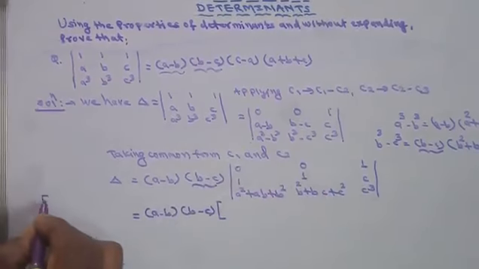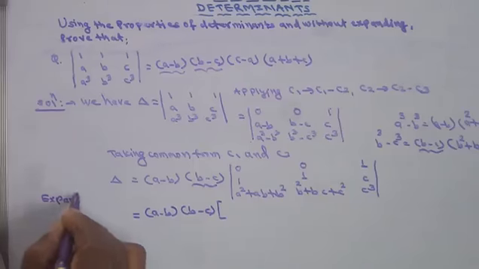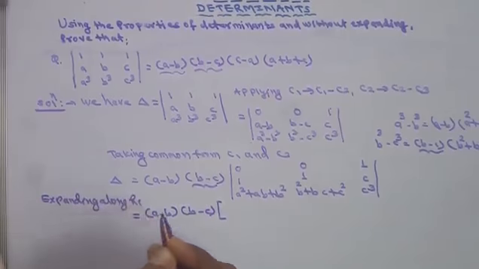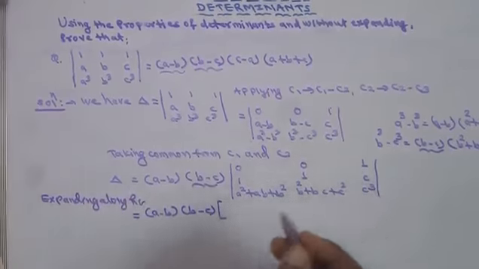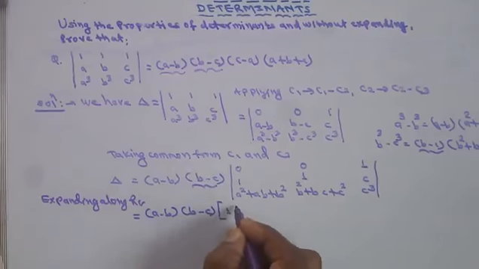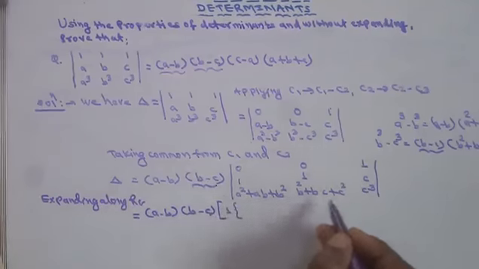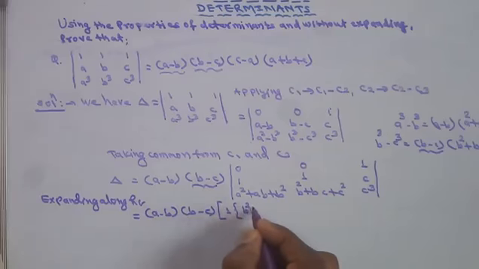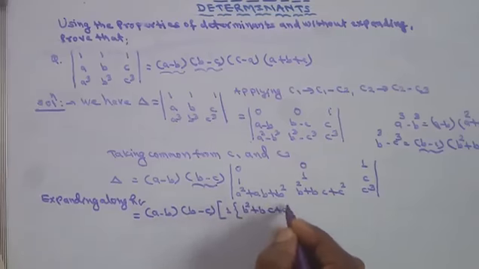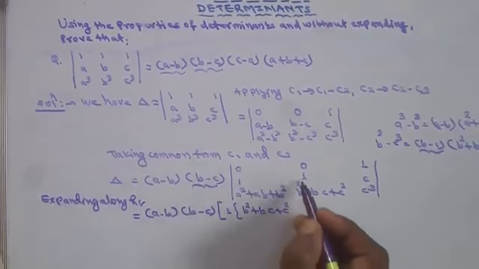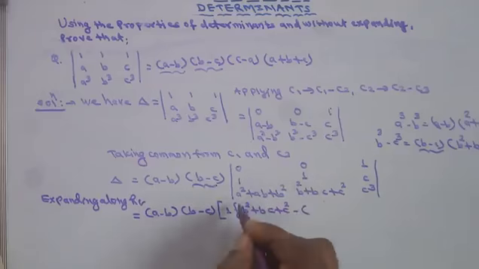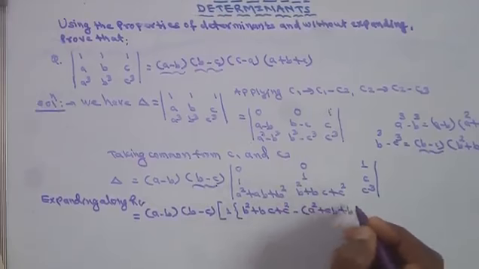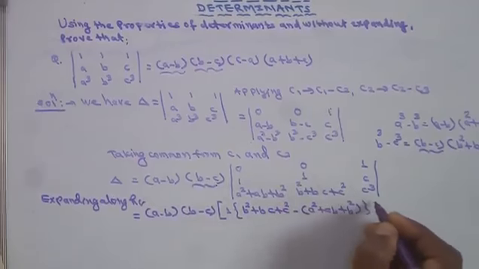Then this 1 into this product, 1 times (b² + bc + c²), minus 1 times (a² + ab + b²).